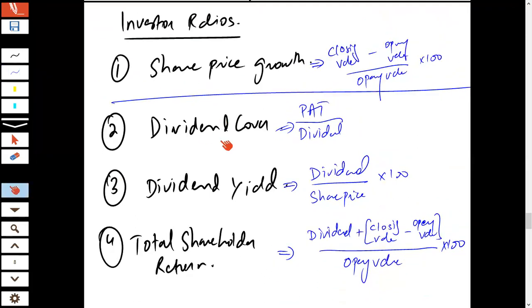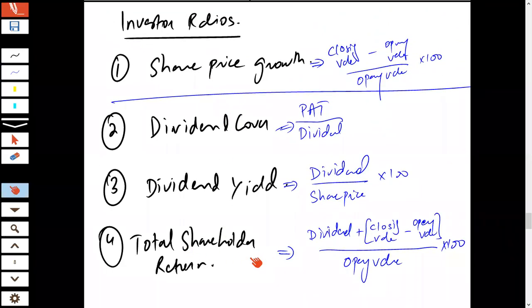This is the total shareholder return. That is how much you earned as a shareholder in the form of dividend and in the form of capital gain, as on your opening investment.